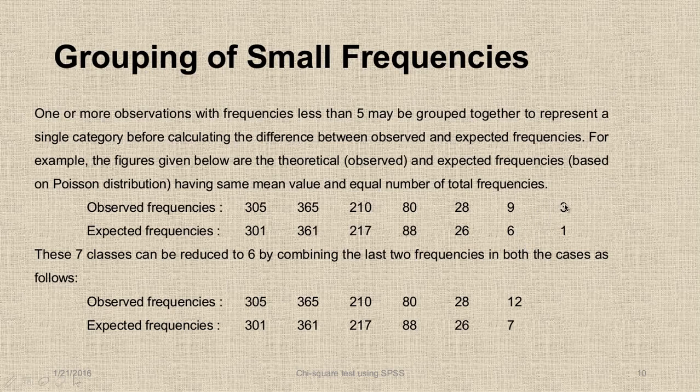So here 9 and 3 will be clubbed together to produce 12, and 6 and 1 will be clubbed together to make 7, which is greater than 5.